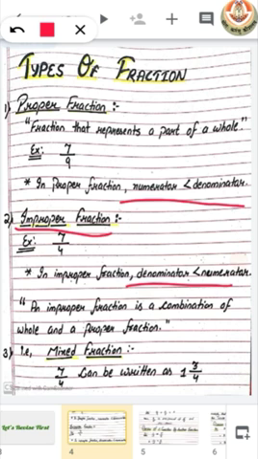And the third type, mixed fraction, is a kind of improper fraction. That means we can convert an improper fraction into mixed fraction form, and we can convert a mixed fraction into improper fraction form. Here you can see that 7 by 4 is an improper fraction, and we convert it into the mixed fraction form.